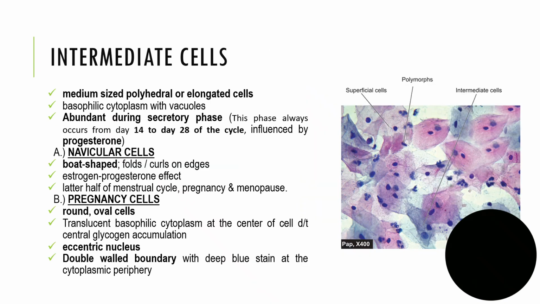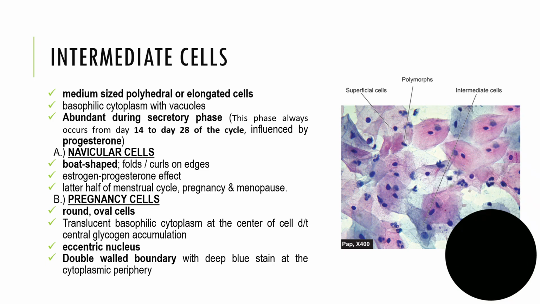Next we have the intermediate cells. Intermediate cells are medium-sized polyhedral or elongated cells with basophilic blue staining cytoplasm that may contain vacuoles. They are abundant during the secretory phase of the menstrual cycle, which occurs from day 14 to day 28, under the influence of progesterone.